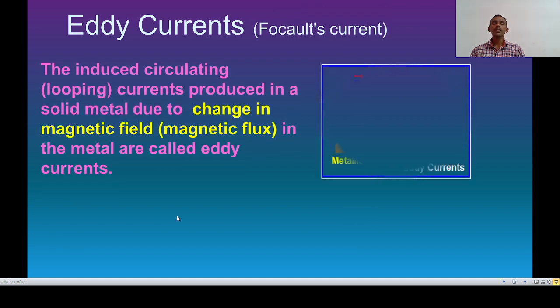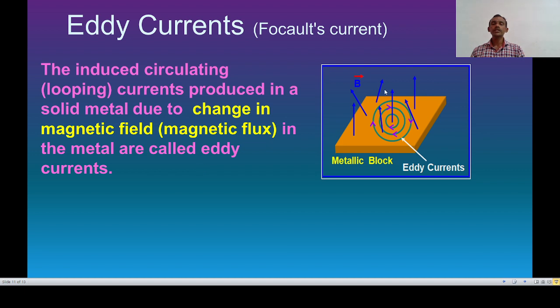Now, if we consider a metal plate placed in a varying magnetic field, due to this varying magnetic field the electrons or charges in the metal plate experience forces, and due to these forces they move in different circular paths with different radii and different speeds, and it looks like a whirlpool. That is an induced circulating current.